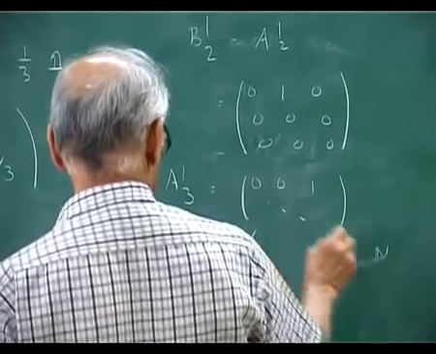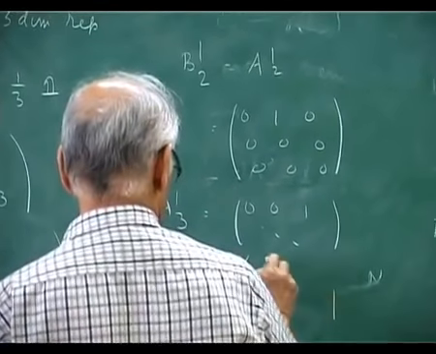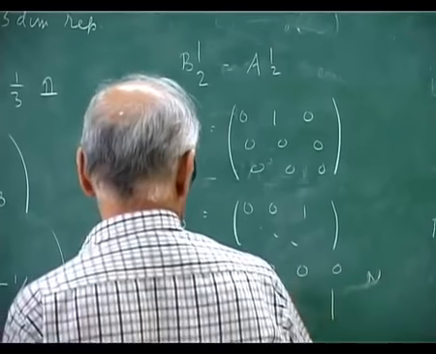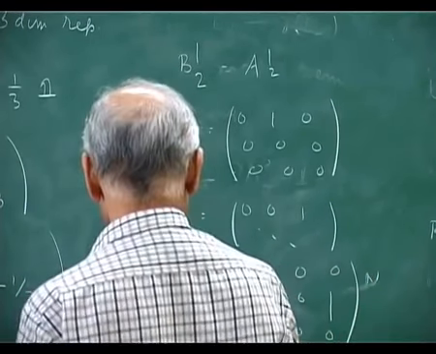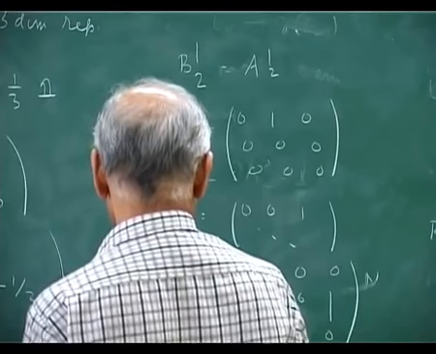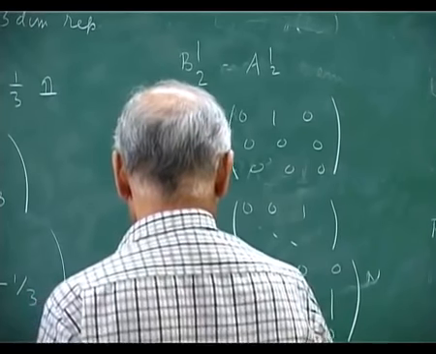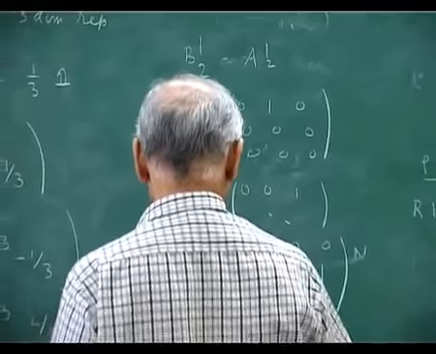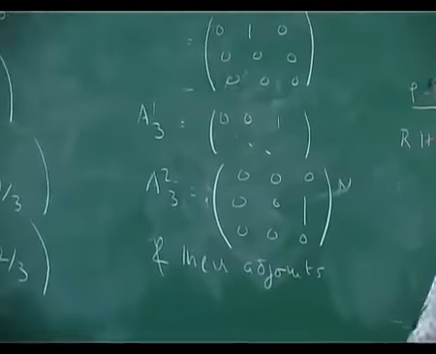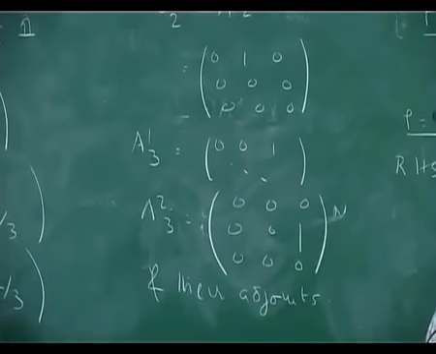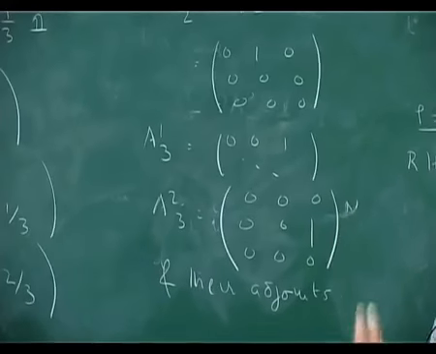It will be second row, third column. 1 here. And there are joins. This is a trivial calculation. Okay.